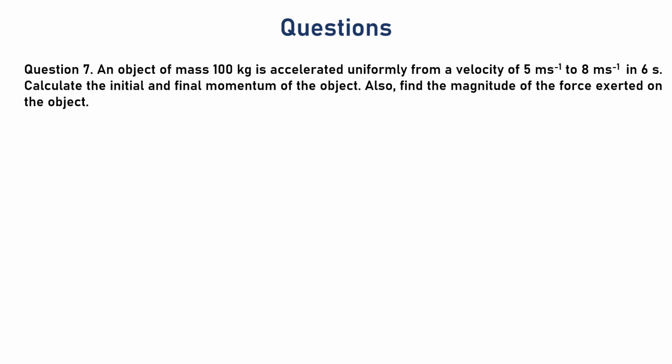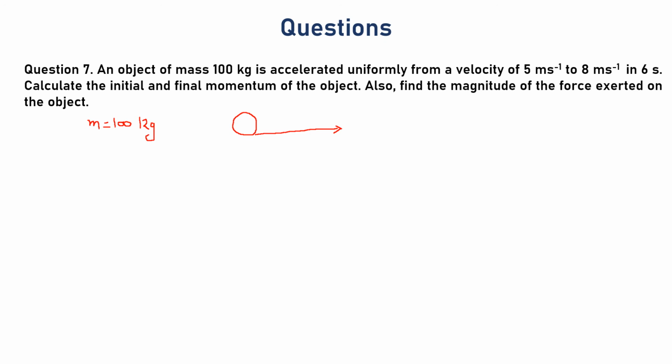So let's solve this question, right? So let me take my pen, right? An object of mass 100 kg. So mass is given 100 kg, right? Let me draw an object. The object is accelerated. Accelerated means there is a change in velocity, right?